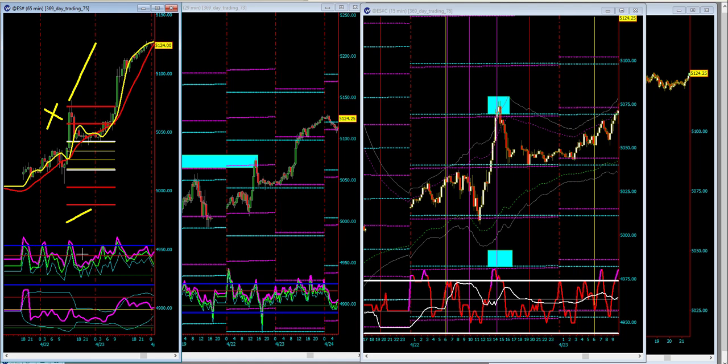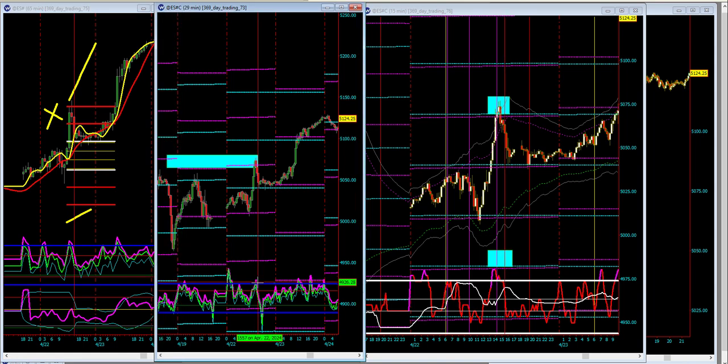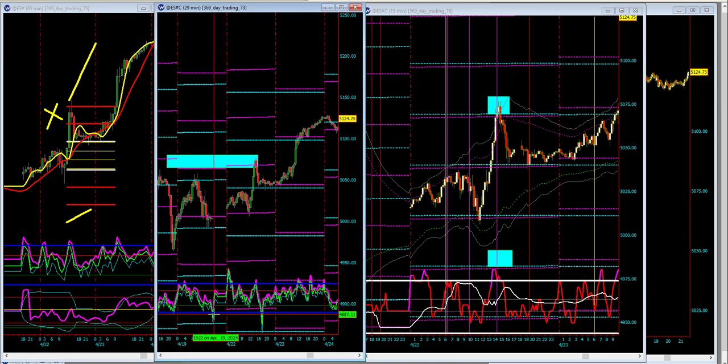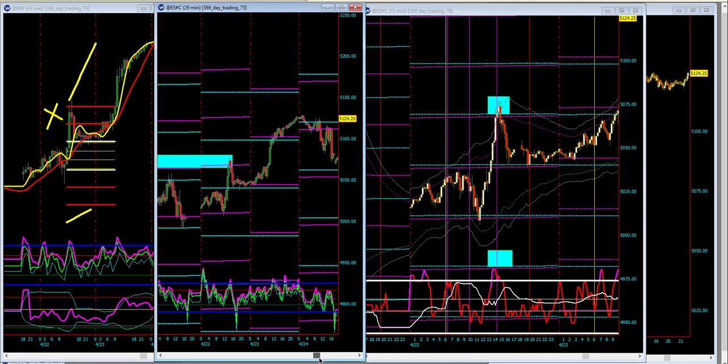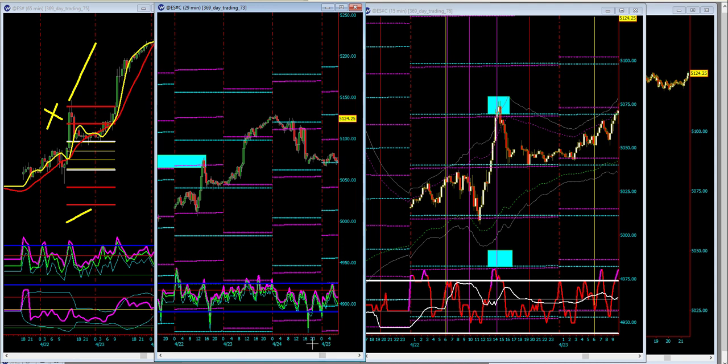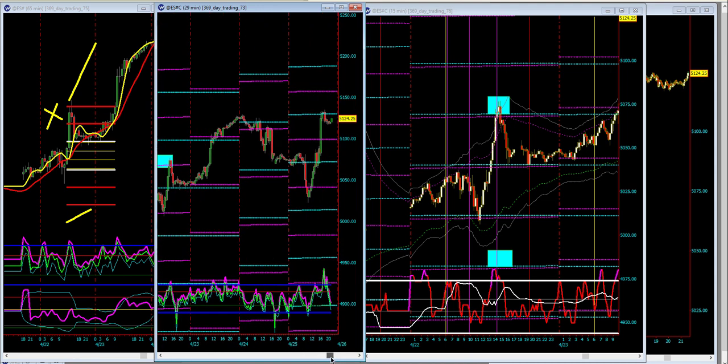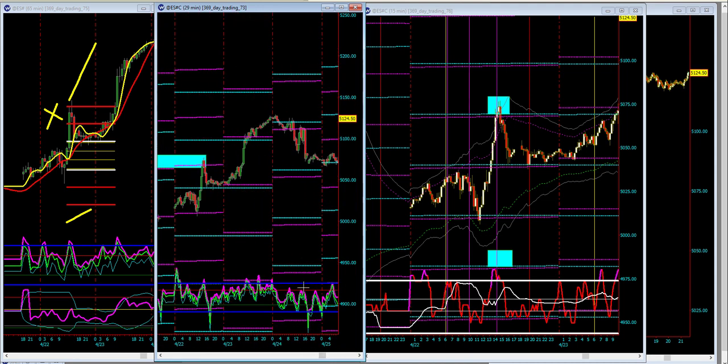I want the balance imbalance conditional oscillator to have all things jammed onto one side right here: all compression, all compression, all compression. That's what we need to see, that all these four lines are compressed and not spread out.